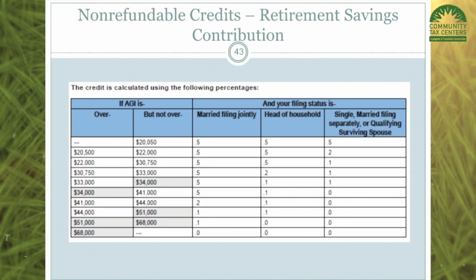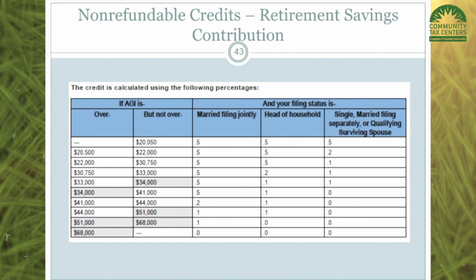So this is the chart that we use for the retirement savings contribution credit. It's going to look at their AGI, their adjusted gross income, so their income minus adjustments, and you'll see that it is maxed out at $68,000, but that's for married filing joint. For a single individual, it gets maxed out at $34,000.